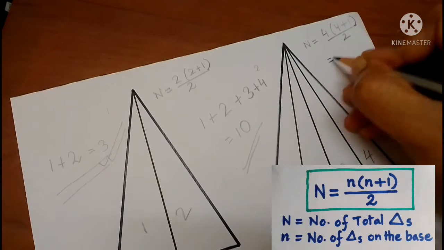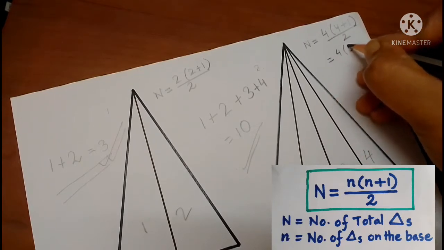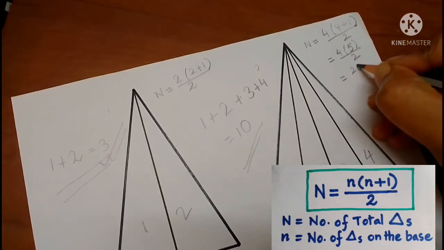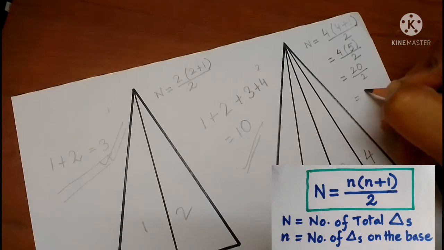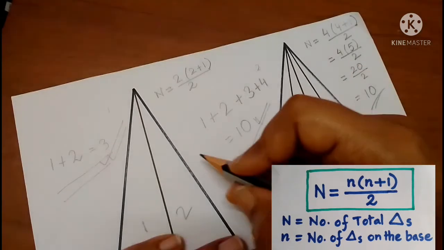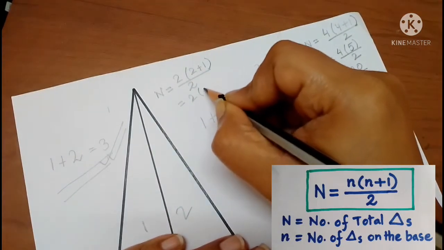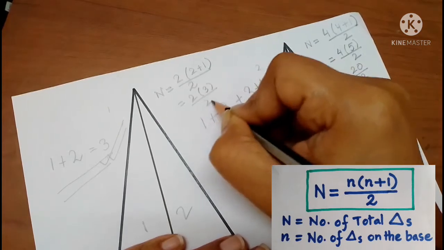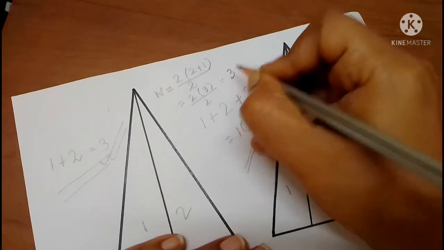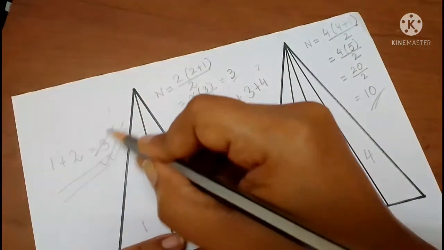Okay, so here we get 4 into 5 by 2, 20 by 2, 10 for this case. So it matches with this one. And here we can find that 2 into 3 by 2, which is equal to 3. Okay, so this matches with this one.